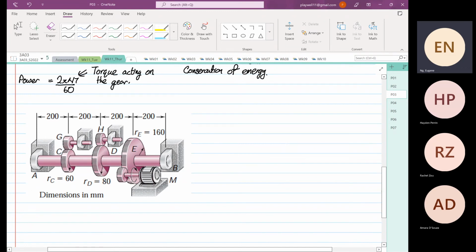Yes or no? Shaft AB. I'm going to draw the centroid of shaft AB, or the neutral axis. Okay. So the shaft AB is of interest, right?